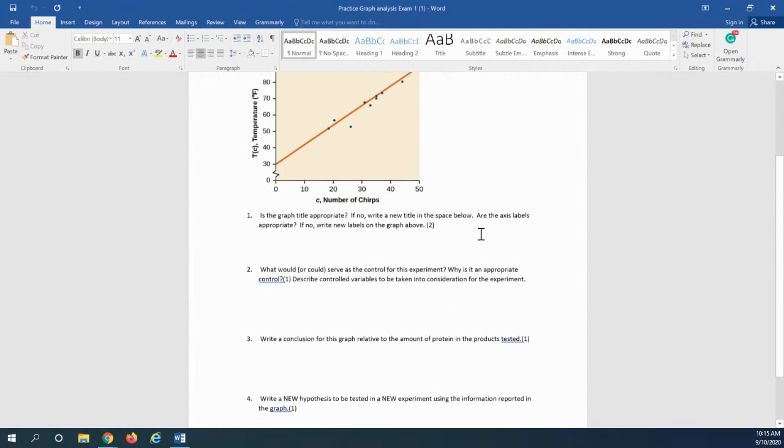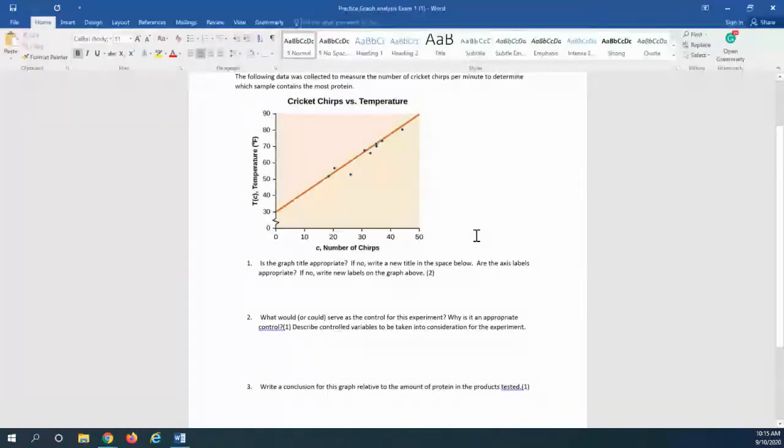So because they just say number of chirps, maybe you want to test the difference of the number of chirps with the temperature with male and female crickets, because that's not indicated here. Or maybe you want to move to a different animal to see if the number of frog croaks per minute relates to temperature similarly. So something different, kind of a next step from what we're seeing.